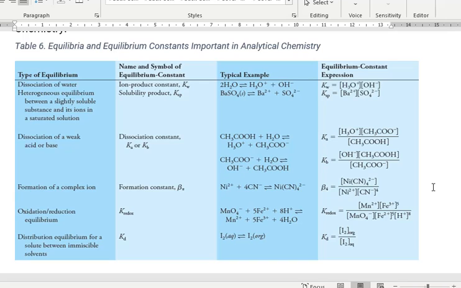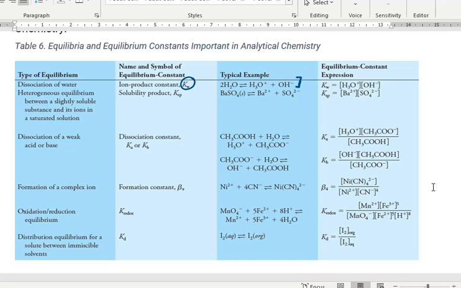So for example, Kw is called the ion product constant. But it's still an equilibrium constant. This is just a special name for the dissociation of water. So we have H2O which dissociates to hydronium ion and hydroxide ion.